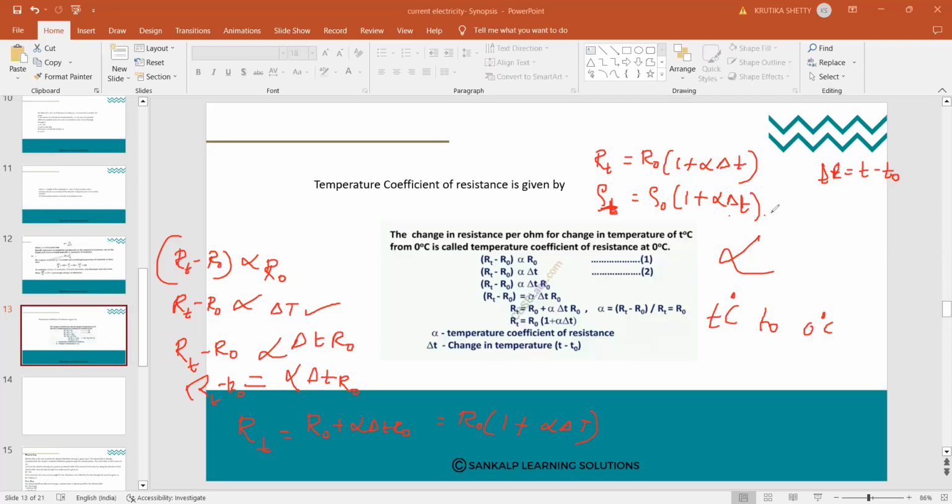So this is the resistivity formula and that is the resistance formula, at 0 degree Celsius and at T degree Celsius.